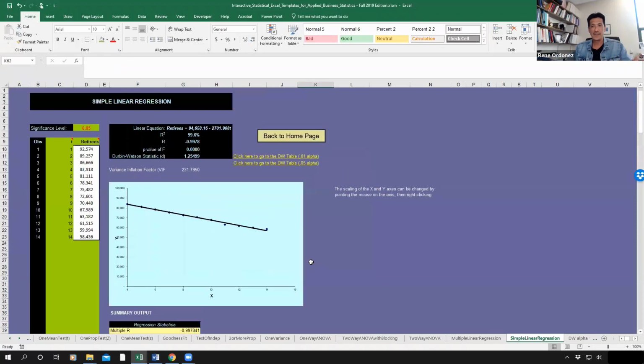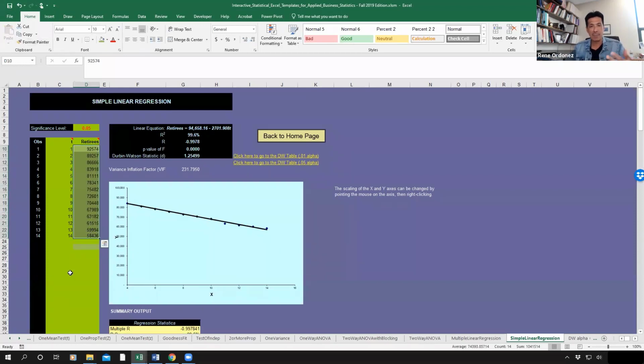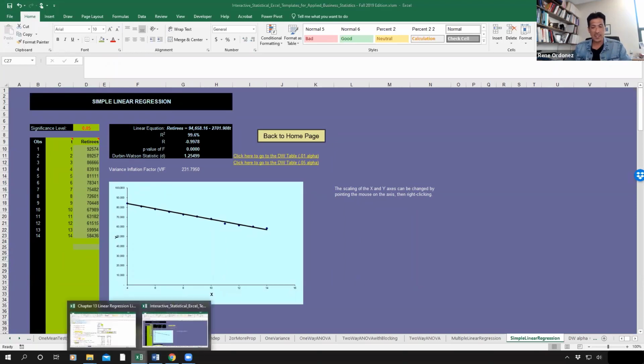Okay? So let's see how we can use this template in that car example.